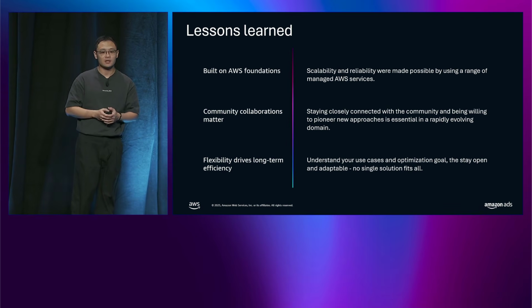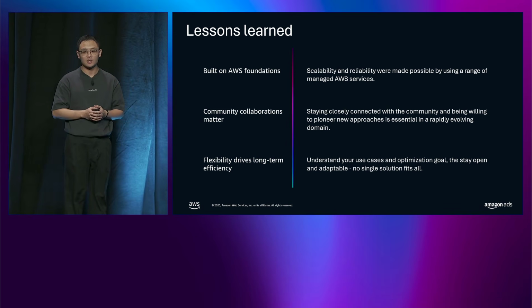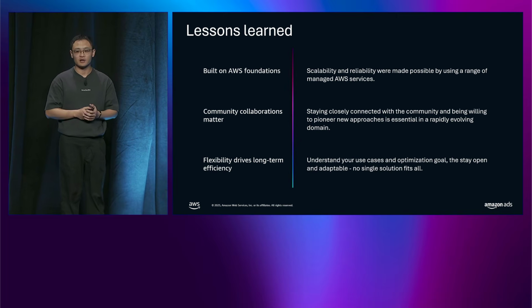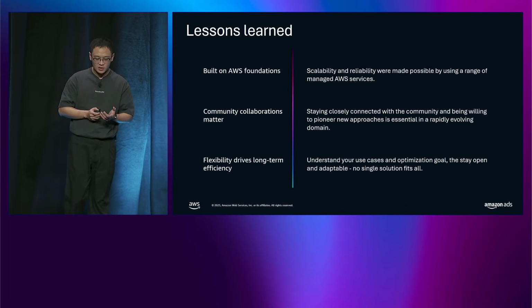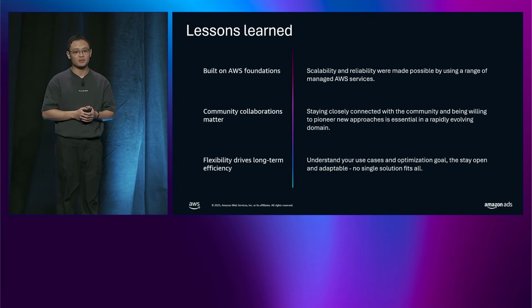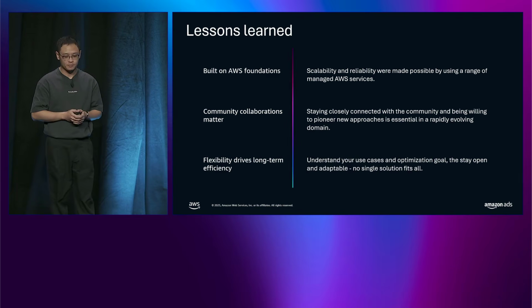Second, we stay closely connected to industry partners and the community. This is very important for us to adopt optimizations and new solutions even earlier than their GA. We always keep in mind to keep our system flexible and open. So whenever we adopt a new approach or new capability, we do not need to re-engineer the entire stack.